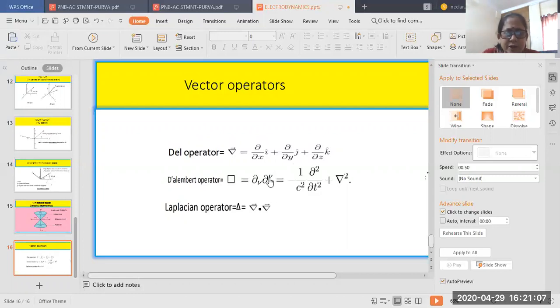So a contravariant vector is actually the negative of a covariant vector. Here the negative sign is not shown. Dou to the power nu is dou subscript nu. Anyhow, dou nu, this is covariant, this is contravariant. These are the different types of operators used in further vector calculus.